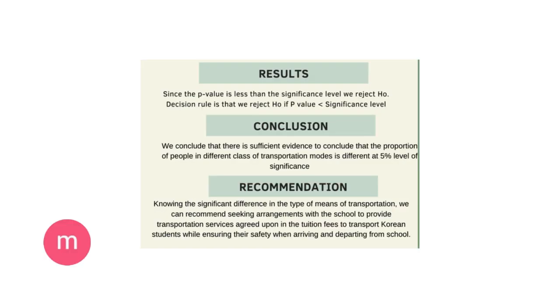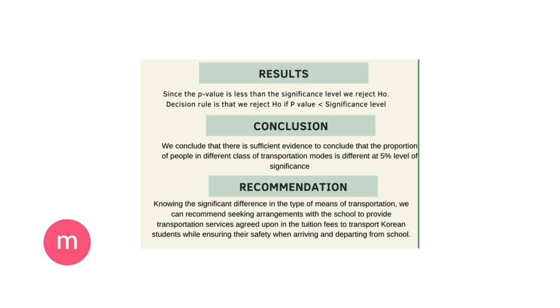We can say that since the p-value is less than the significance level, we reject H0. The decision rule is that we reject H0 if the p-value is less than the significance level. We conclude that there is sufficient evidence that the proportion of people in different classes of transportation modes is different at the 5% level of significance.